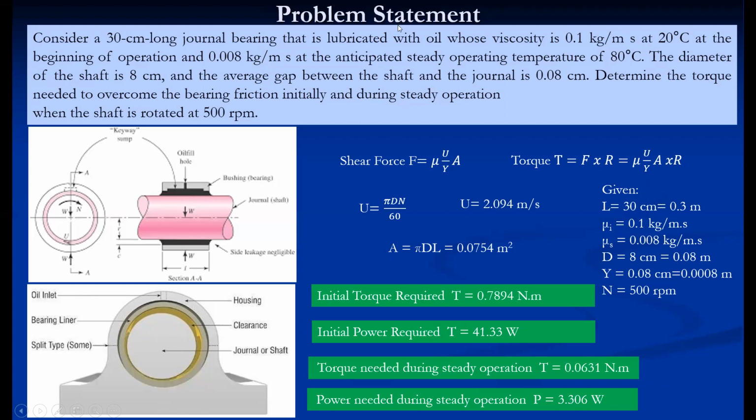So the solution is to take oil having slightly higher viscosity so that the temperature is reduced. So no friction will take place, and the life of the shaft as well as the bearing will increase. This is the way you can give the solutions.